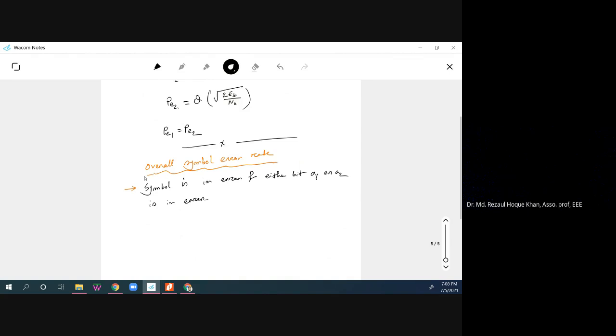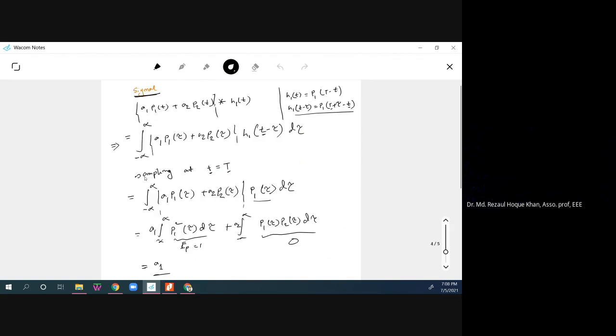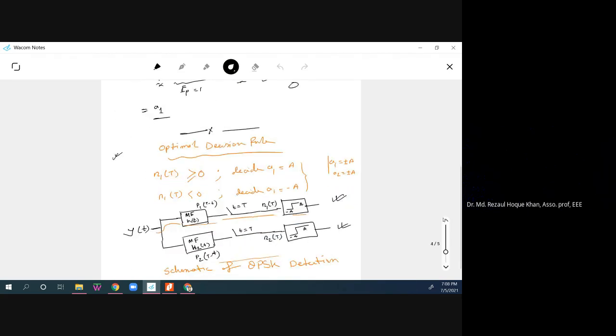Because they will be combined together in the receiver, if there is an error in this channel, then the symbol will be in error.